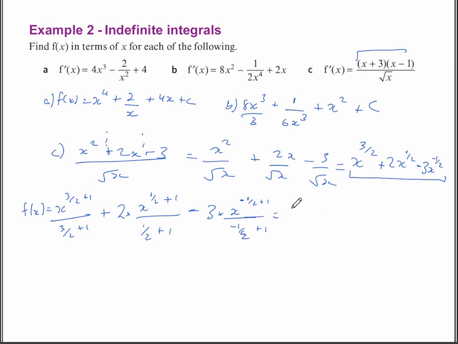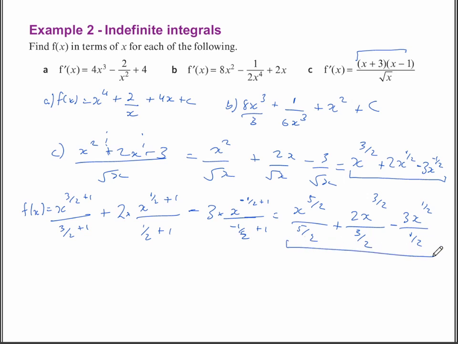This will give us x power 5/2 over 5/2, plus 2x power 3/2 over 3/2, minus 3x power 1/2 over 1/2.